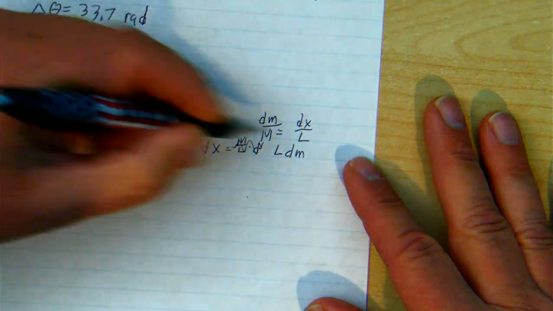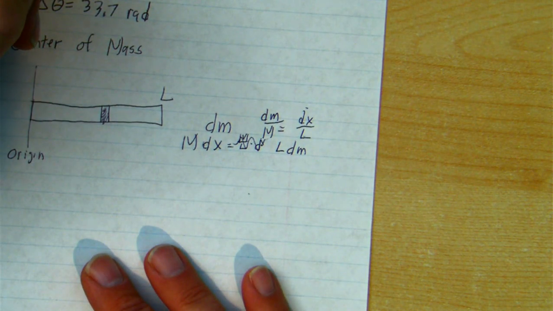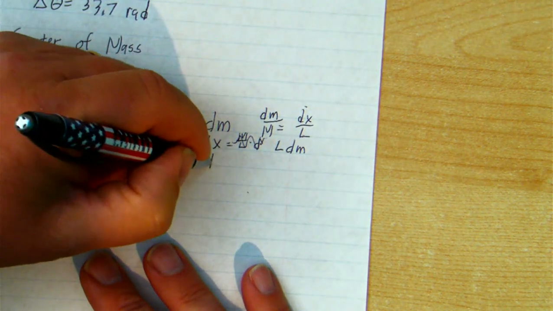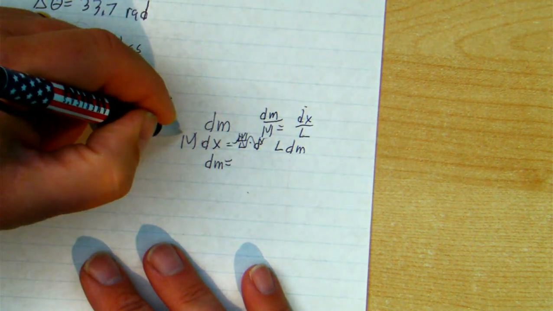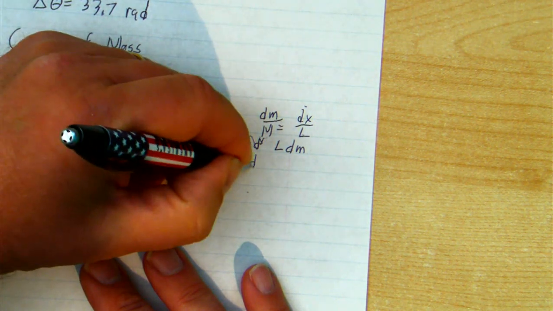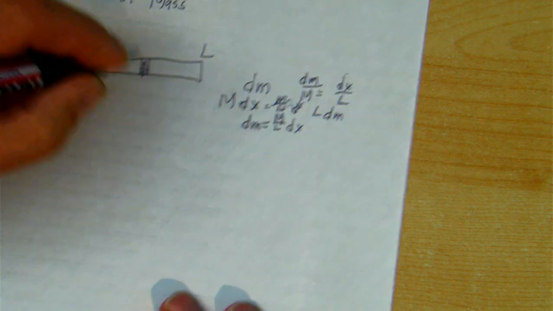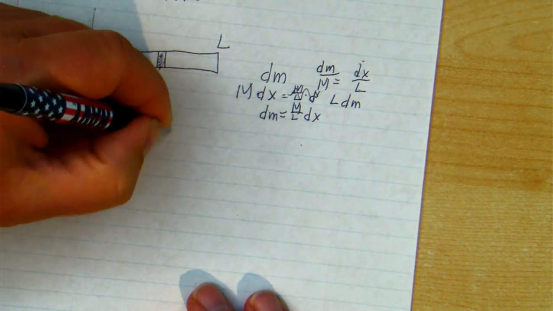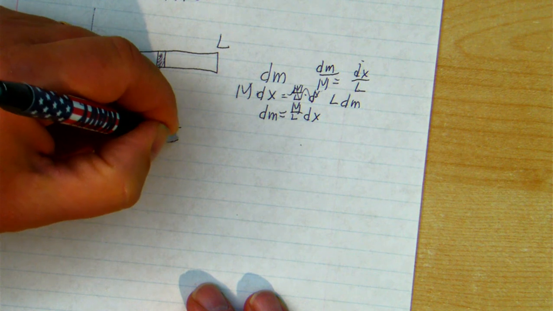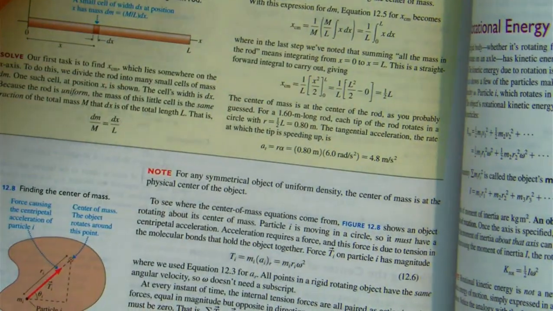Let's just write the cross product. M dx equals L dm. And so the differential element of mass, dm, can be replaced by writing m over L dx. Now, the integral that says the location of the center of mass, oh, what am I trying to say? I'm trying to apply this formula. It was back on the previous page.